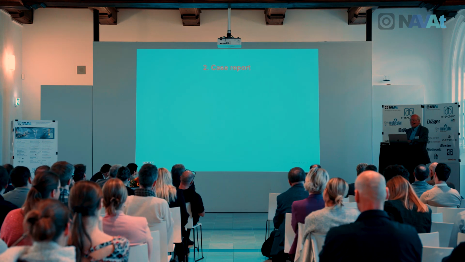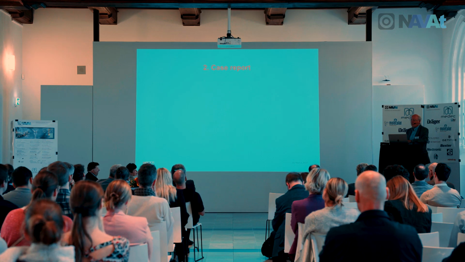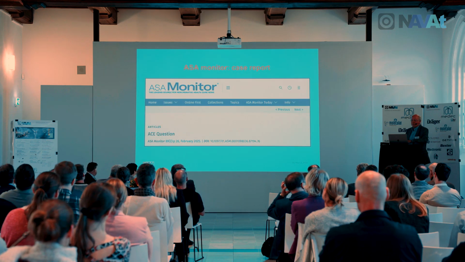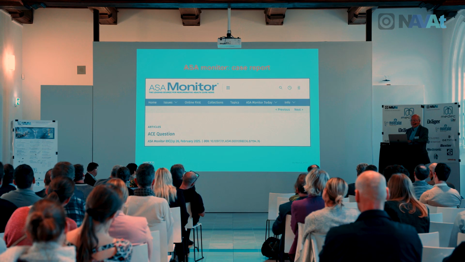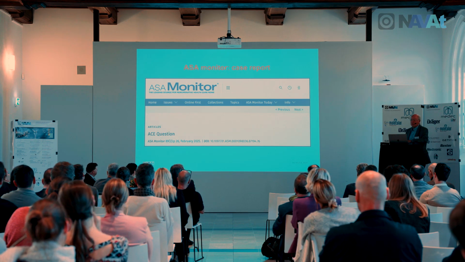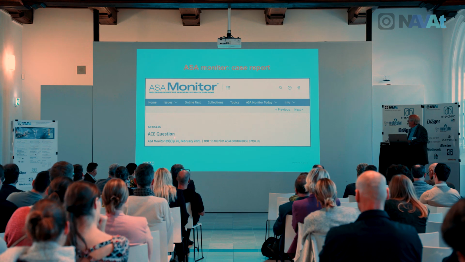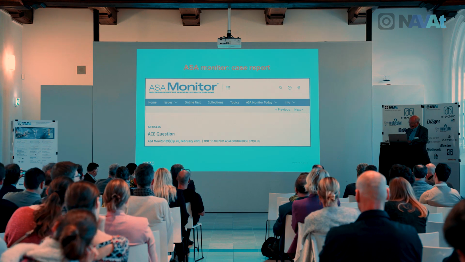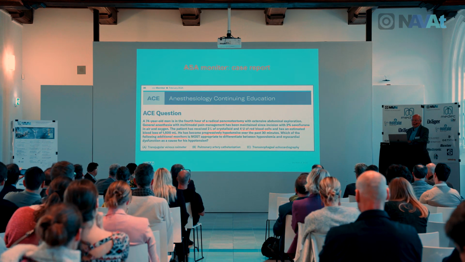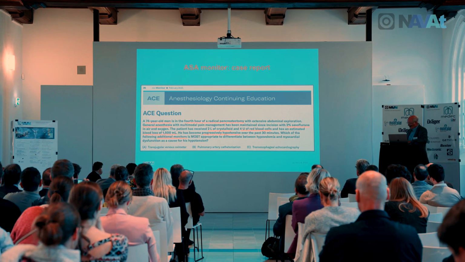So let me present you with a very short case report. This is what I got through the ASA monitor about half a year ago in February. They give case reports for educational purposes.